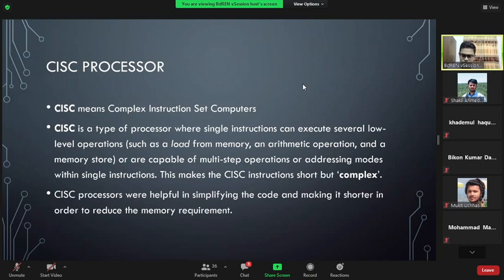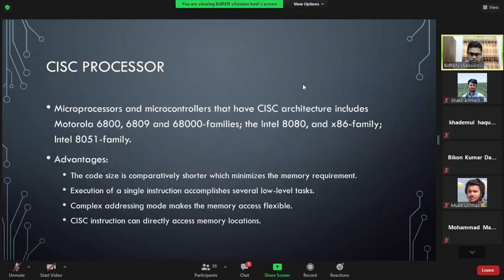Same for you. We are going to learn about the CISC processor. What is the CISC processor? How does it look? Which are the CISC processors? You can find that processors like Intel 8080, the Intel 86 family, the Motorola family, and the Intel 8051 family are very old processors, from around 1969, 1979.